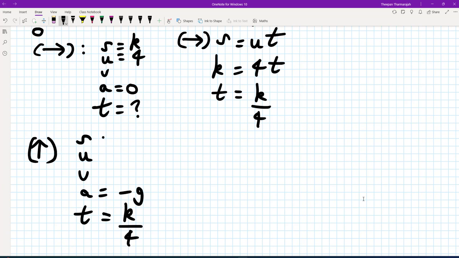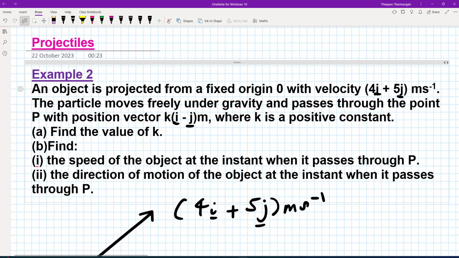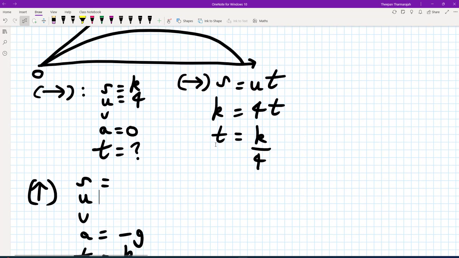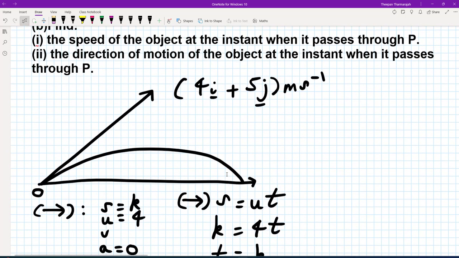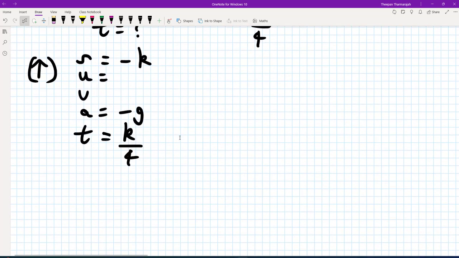We notice that in the position vector here it will be minus k. And for the initial velocity it's going to be 5, because that's the component of j. So we can write 5 here.